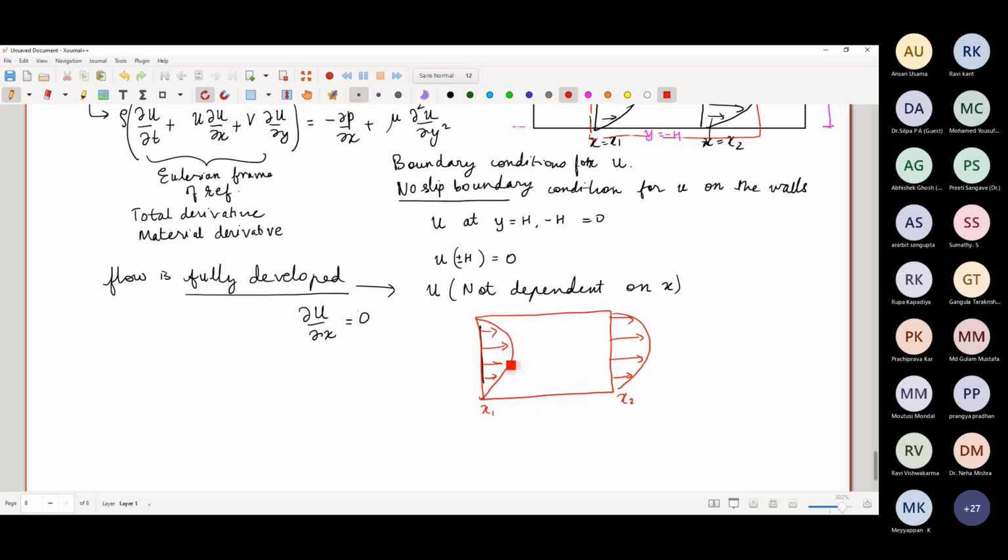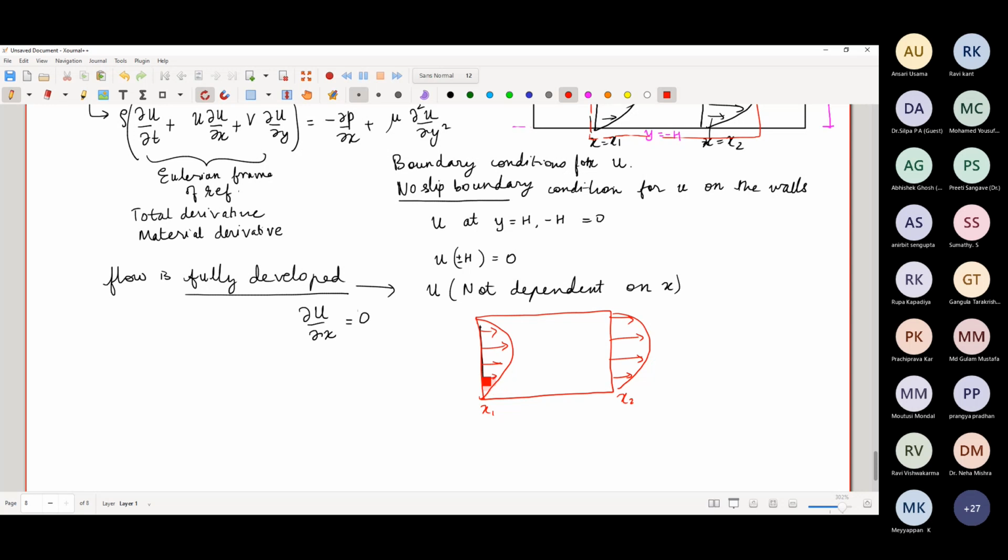So whatever is coming in at x1 is also going out at x2. Do you agree with me? Whatever amount of flow comes in through the surface at x1 is exactly the same amount of fluid going through the surface at x2. Does that make sense?